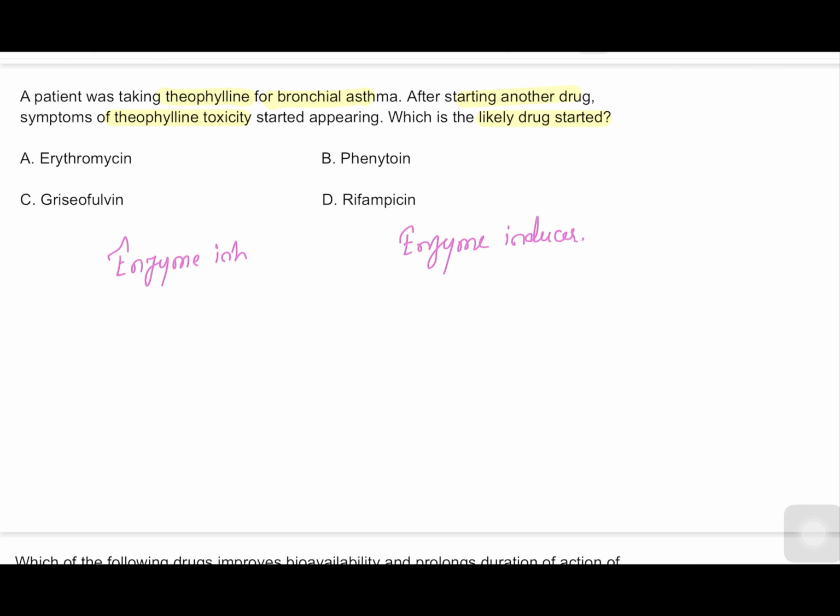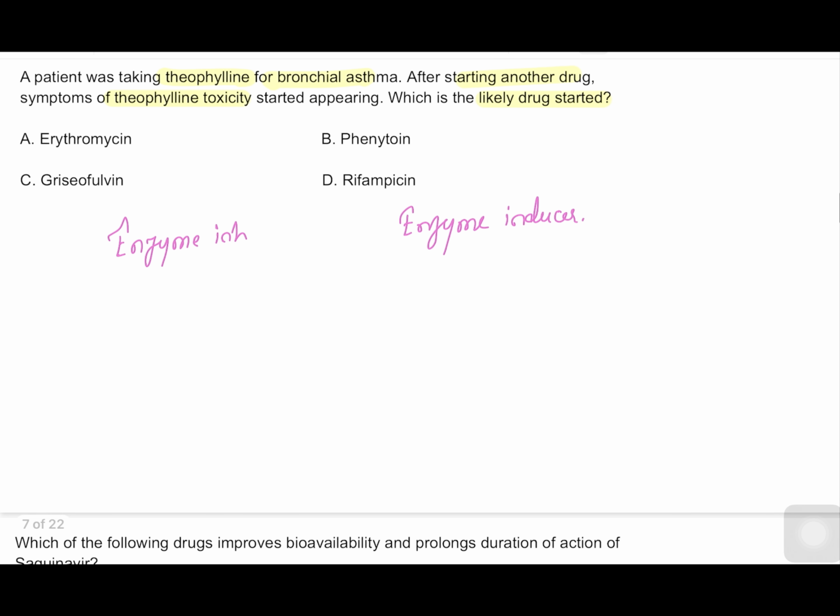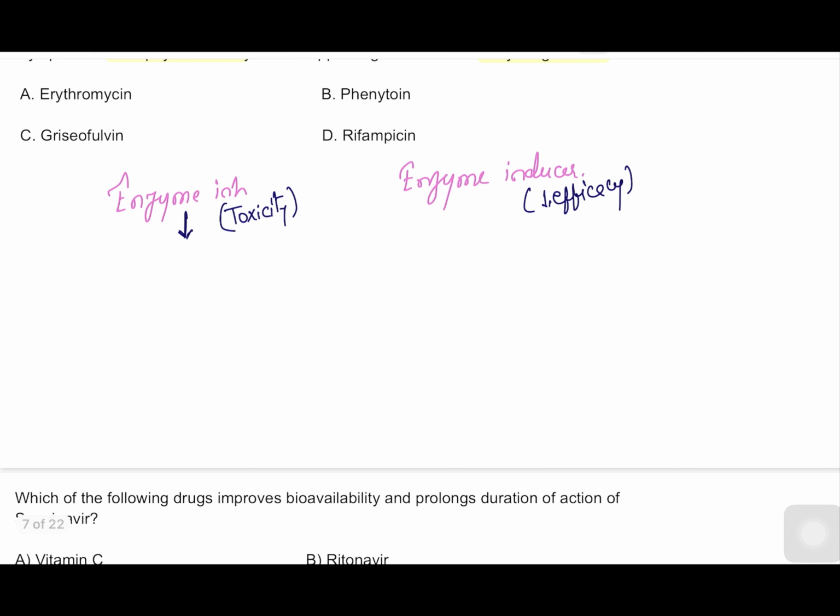Because theophylline is a drug which is metabolized by cytochrome P enzymes. So any drug which can inhibit cytochrome P will lead to toxicity. And any drug which is an enzyme inducer will decrease the efficacy of drugs which are metabolized by the cytochrome P enzymes.